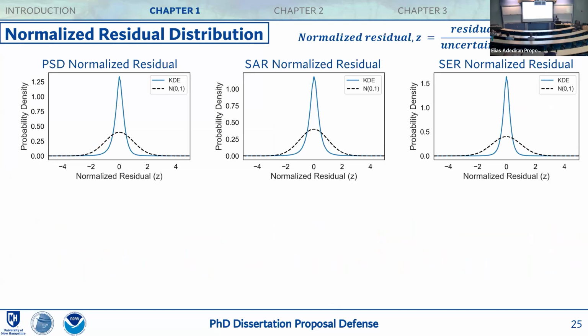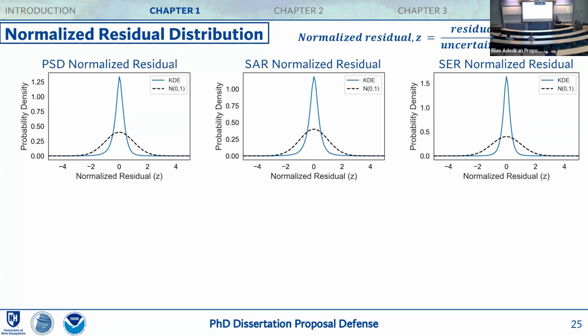As we know in hydrography, the tail of the distribution is very important, because that is what causes the maritime accidents that we have. Those cause navigation risk. So I examined the tail of the distribution using what I'm calling the normalized residual distribution.